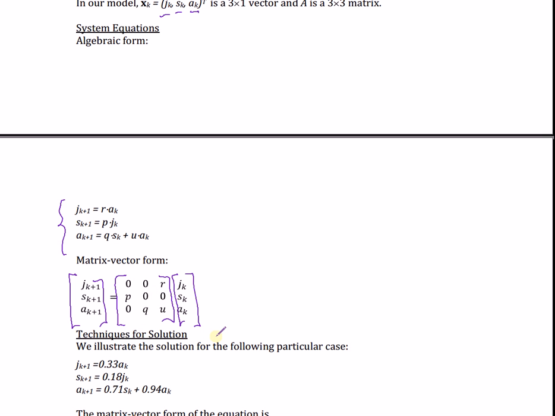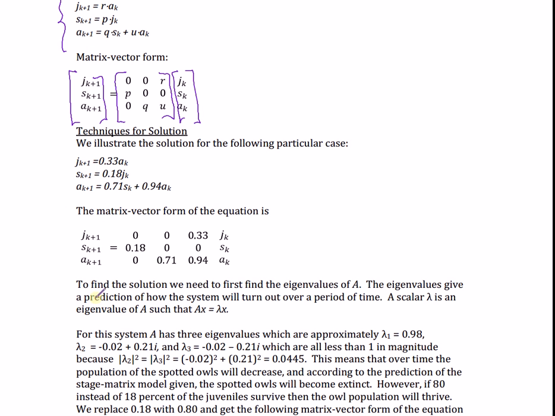All right, now, once we have it in this mathematical form, it's pretty much the same deal as we had with owls and rats. We have this matrix vector form of the equation, and we can use the eigenvalues and eigenvectors to give us the behavior.